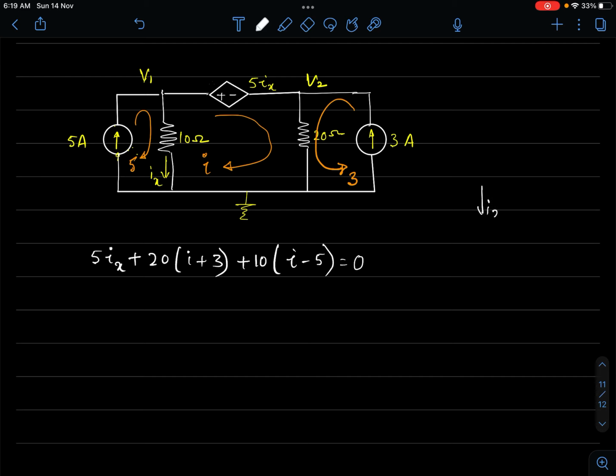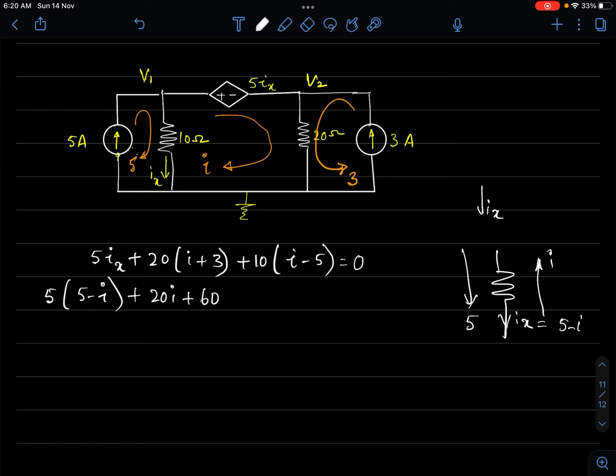So in the downward direction, this is 5 and this is I. So Ix is obviously 5 minus I. You may have to be careful here. So I will replace Ix by 5 minus I, plus 20 I plus 60 plus 10 I minus 50 equal to 0.